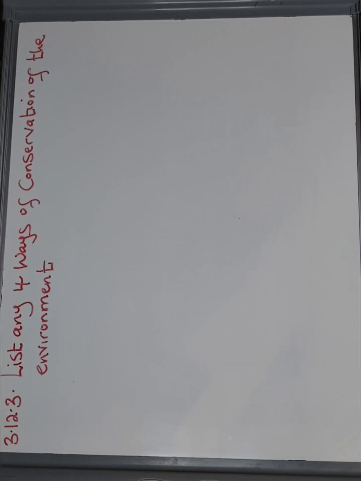Remember we said we negatively impact the environment, and as a result, consequences come up like diseases and drought and other issues. Then comes this one, any 4 ways of conservation of the environment. How can we replenish the environment? Or what can we do to protect it from destruction?